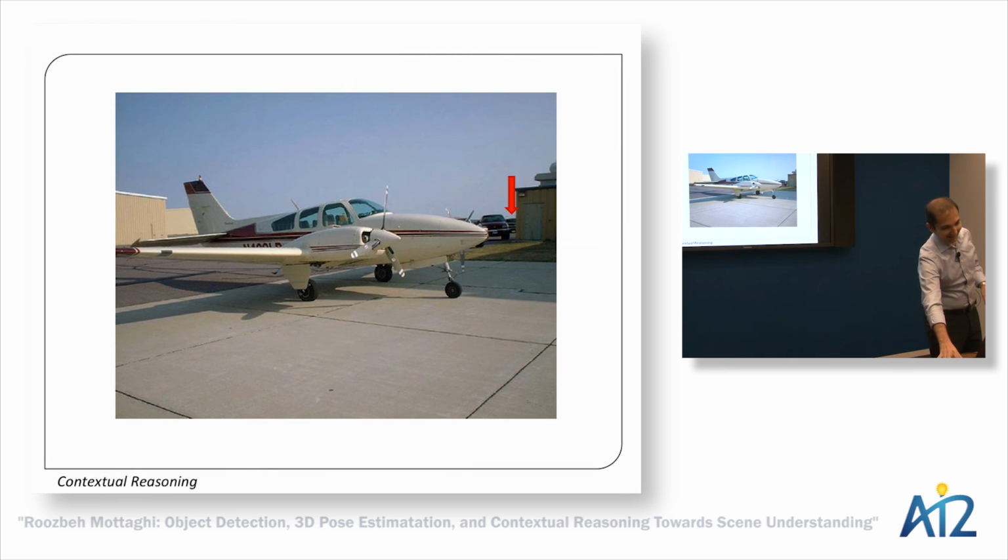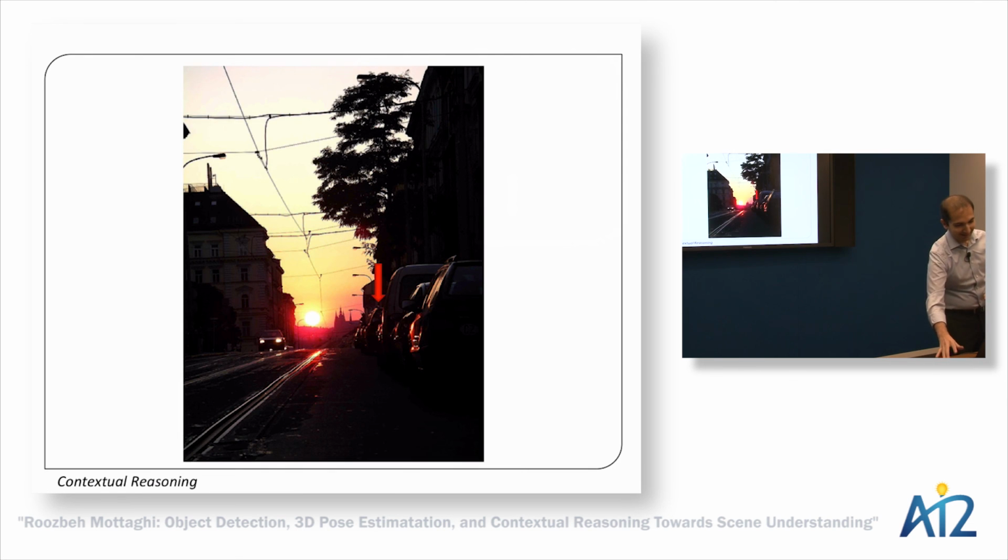And how about this one? This is another example. This is also a car which is parked here. Again, my argument is that for recognition, reasoning based on object pixels is not enough. As soon as you see contextual information, you can reason about the object and recognize the object.